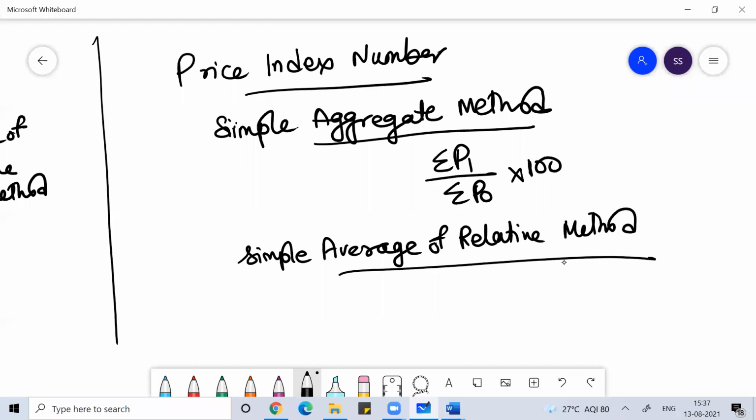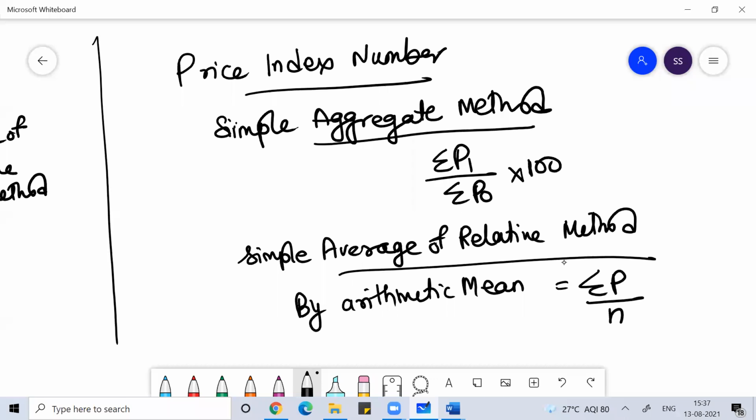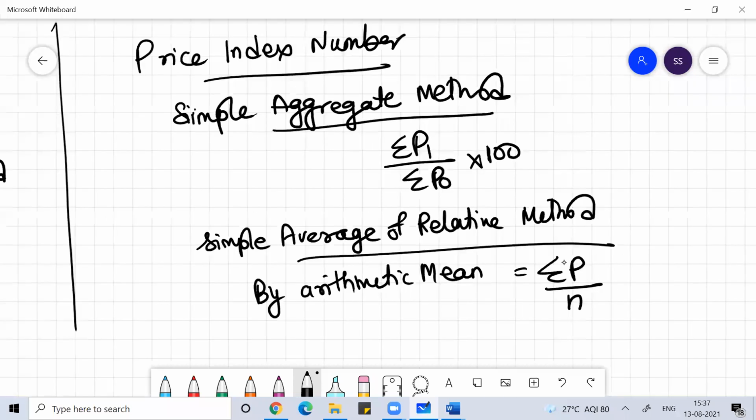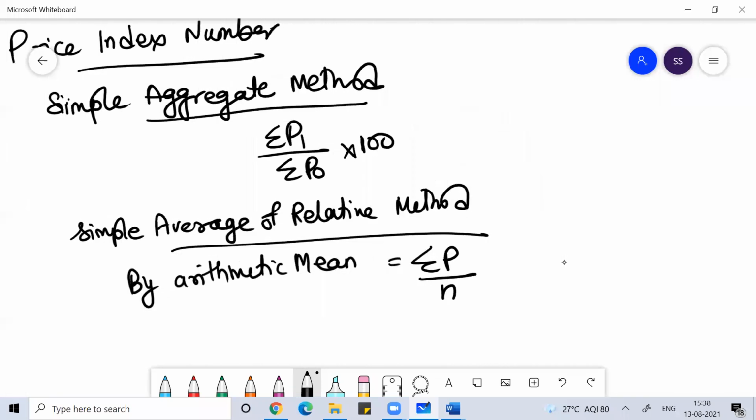If I do the simple average of price relative by arithmetic mean, then the formula of index number will be sum of P by N, where P is called price relative, it is P1 by P naught into 100.